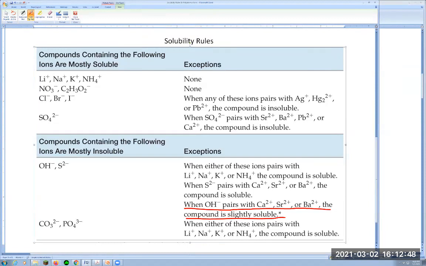It will be considered insoluble in a chemical equation because there are too few ions to consider them soluble. So you can imagine that only the surface of your solid will slightly dissolve, but then the bulk of it will stay solid. So that's how you want to visualize things. So this would be considered insoluble.